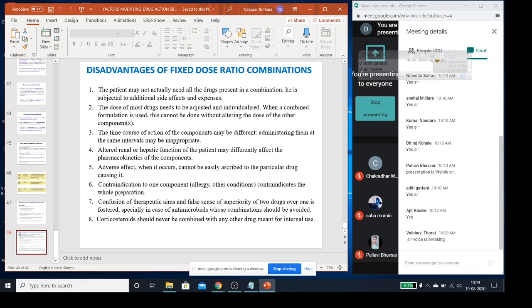The confusion of therapeutic aims and a false sense of superiority of two drugs over one is fostered. That is actually the major reason why these are used.